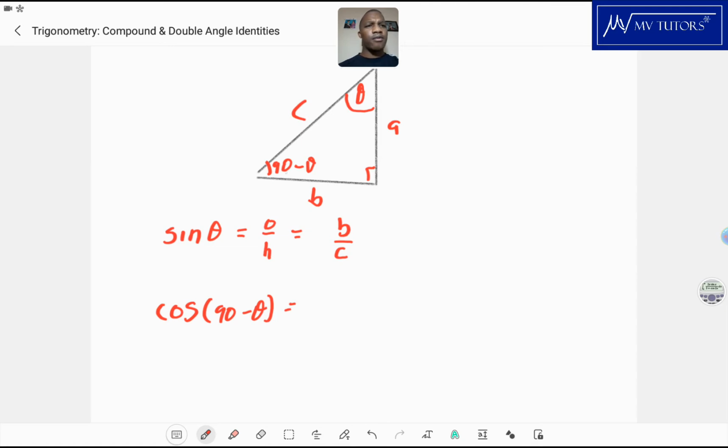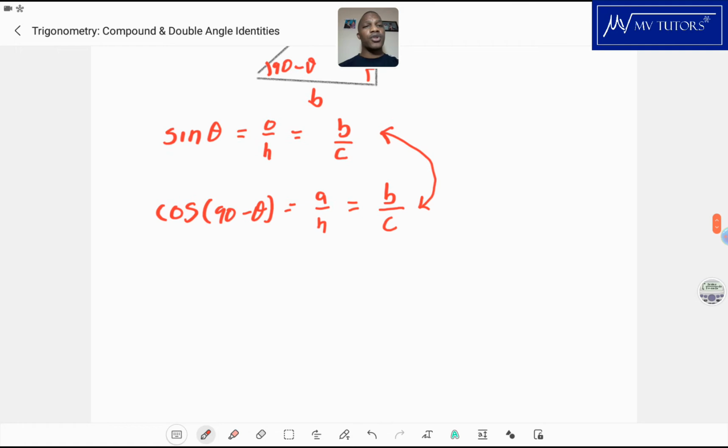Remember, cos is adjacent over hypotenuse. So adjacent of this angle 90 minus theta, we have B, and the hypotenuse is still C. So can you see that these answers are actually the same? That is what we call a co-ratio.